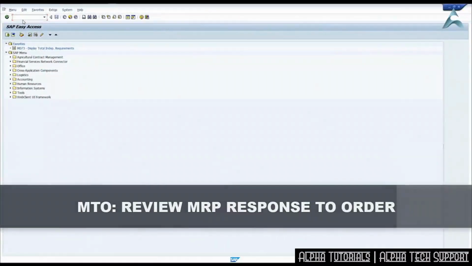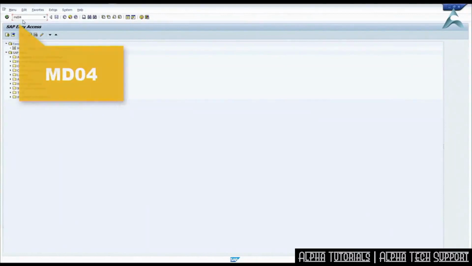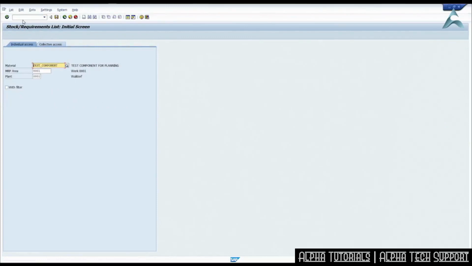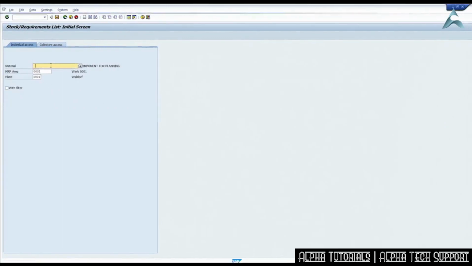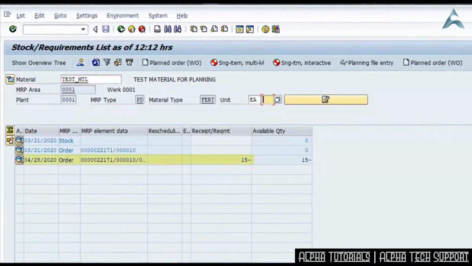So now I will go back to the planning situation using MD04 to demonstrate what the planning situation looks like for the finished good once a customer order arrives, but before the planning engine has responded to it. So as you can see, order number 22171 has landed in the system for a quantity of 15.